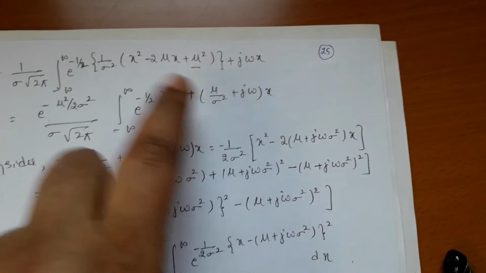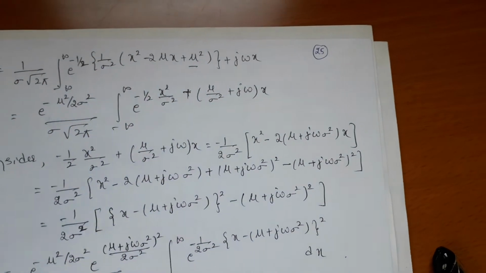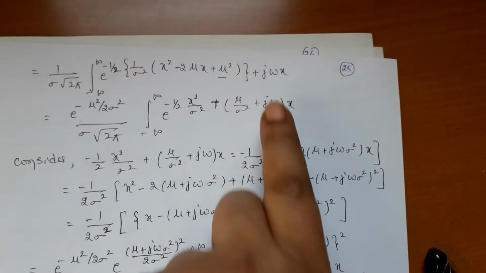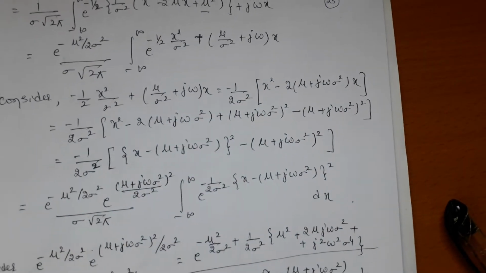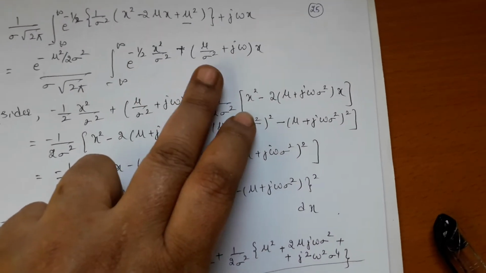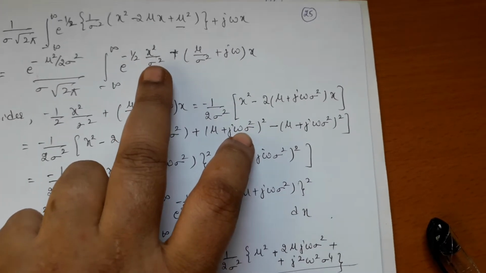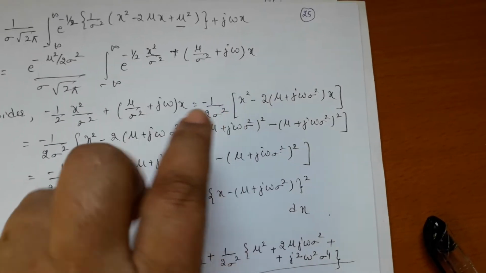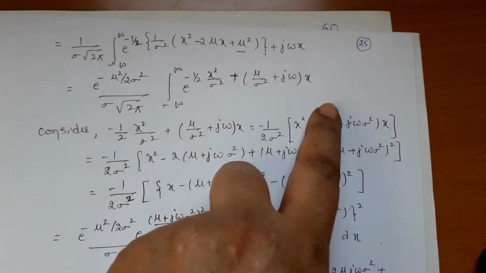Minus mu square by 2 sigma square is a constant, so I'll keep it outside. Now using the completing the square method, which I explained in my previous video, you convert this into the form a plus b whole square or a minus b whole square. Why? Because one term has x square and another term has x.